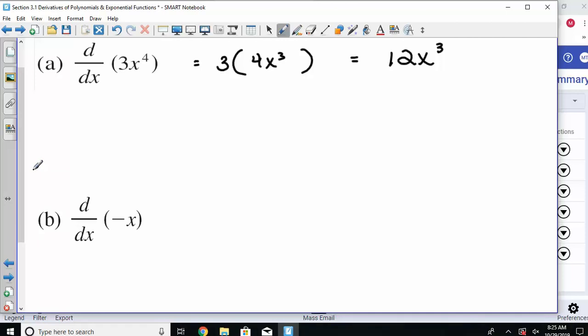On B, derivative of negative x. This is like x to what power? 1 right now, so if you bring that exponent down, it's negative 1 x to the, and anything to the 0 power is 1. So this is -1 times 1, which is -1.